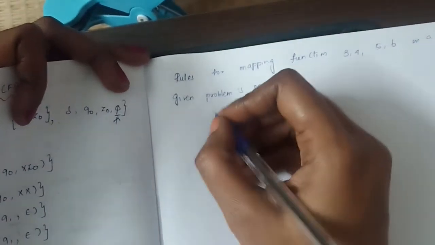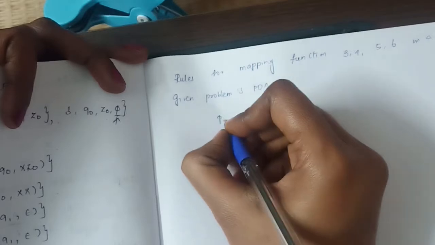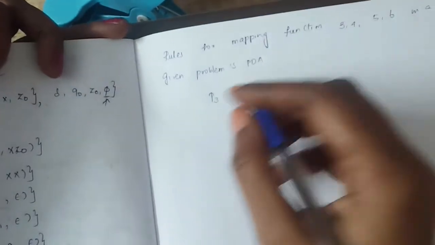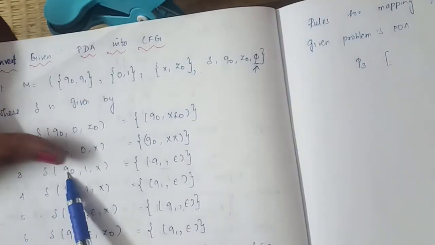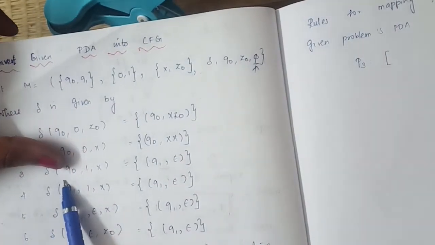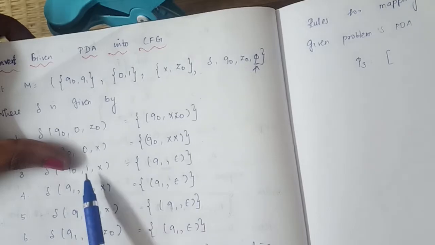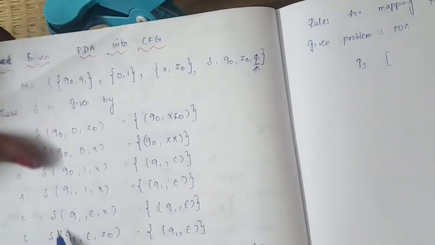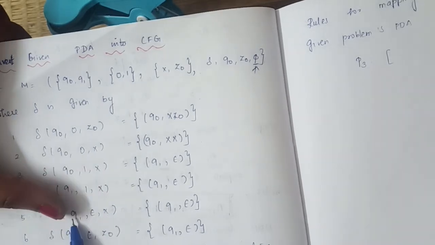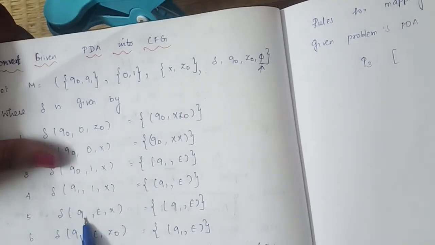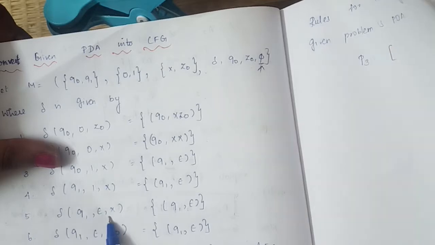So I have to rewrite this production 3, which means, for rule 3, you have to take it like this: Q0 x Q1 derives 1. And similarly Q1 x Q1 derives 1, and for this one Q1 x Q1 derives epsilon.